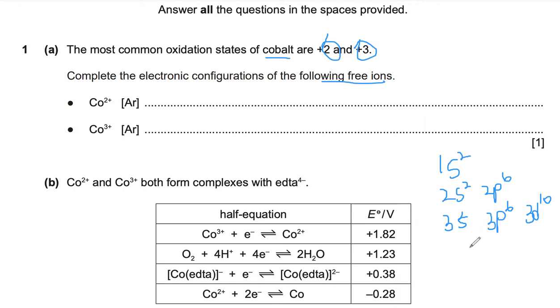Alright, and then it's 4s2. So it's a 2 over here, so it's 3s2 over here. Now 4p6, and then 4d10. So that's how it goes along.